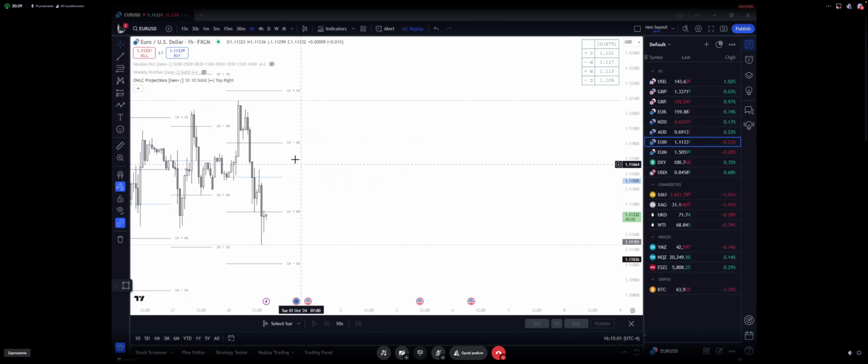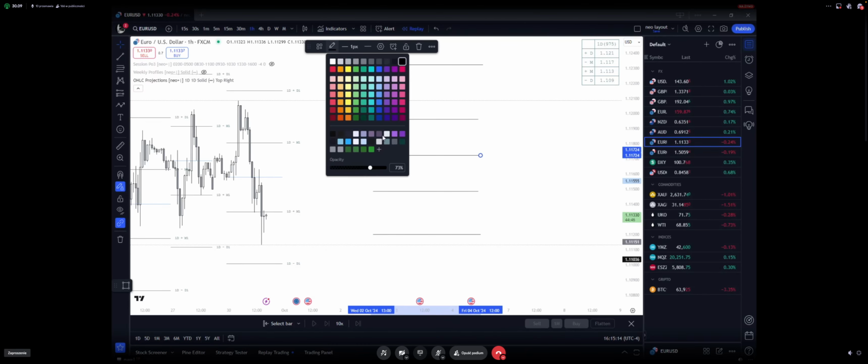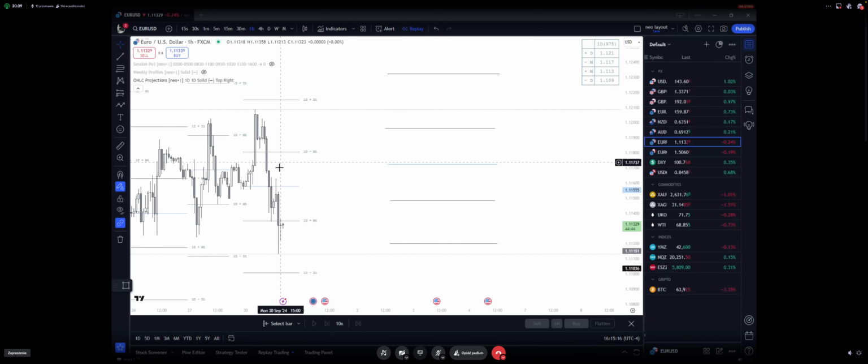Well, here's how it's gonna be. You have the open level, and it's always going to be this way. This is the open for the time frame.